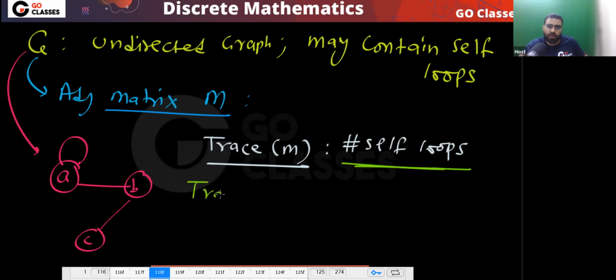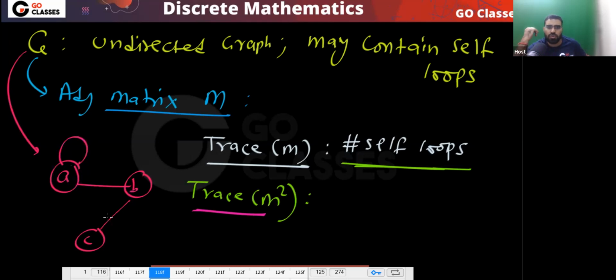Okay. You tell me what the trace of M square will give you. Trace of M will give you the number of self loops. What will trace of M square give you? See, trace of M square will give you, as usual, but because of the self loop, look at the trace of M square, only the main diagonal. From A to A, you will get 2 values.